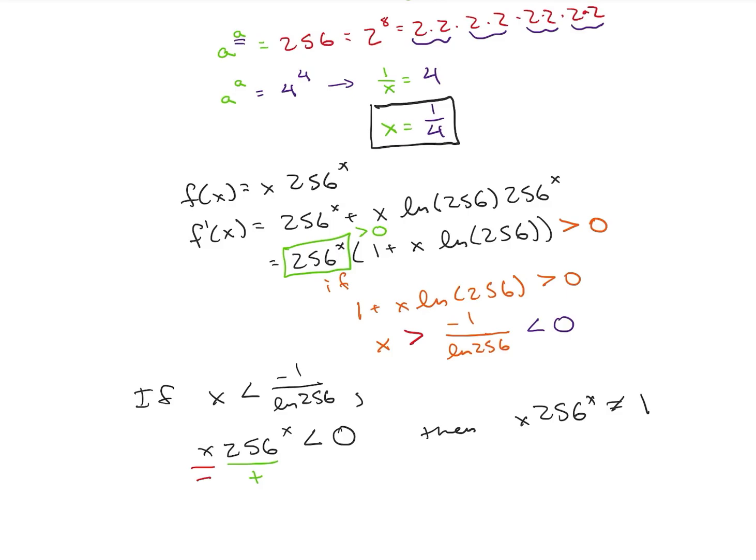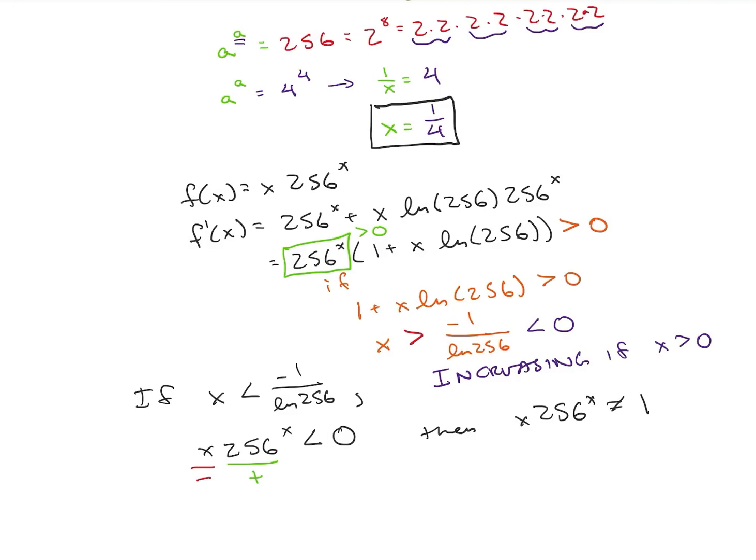What I've just shown is, in the first part, that we have an increasing function if x is greater than 0. Actually, it's increasing for x greater than negative 1 over ln of 256, which is a very small number.